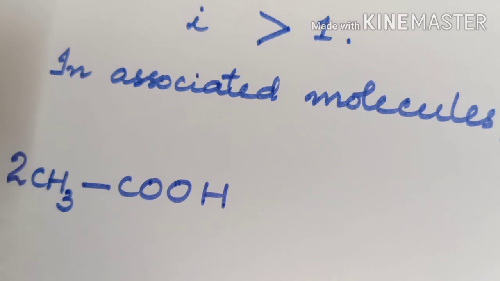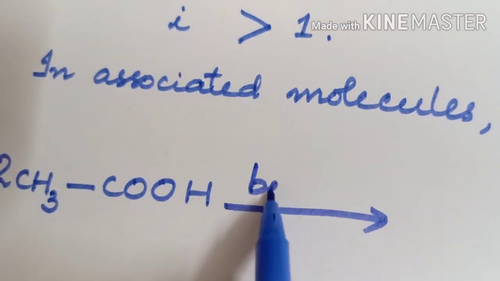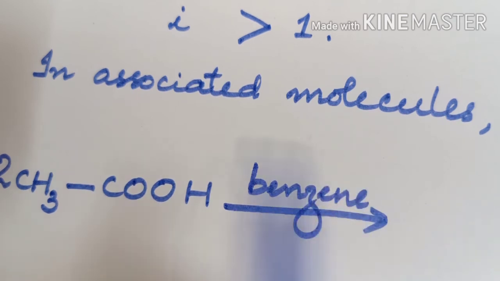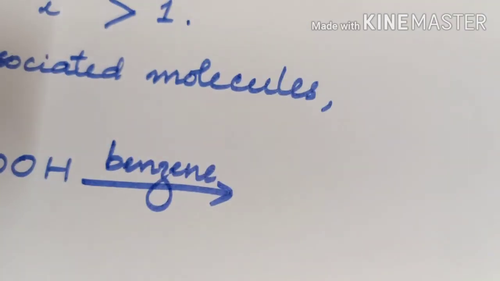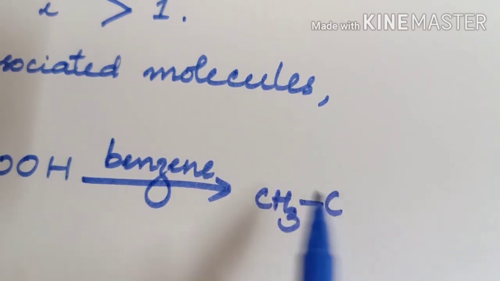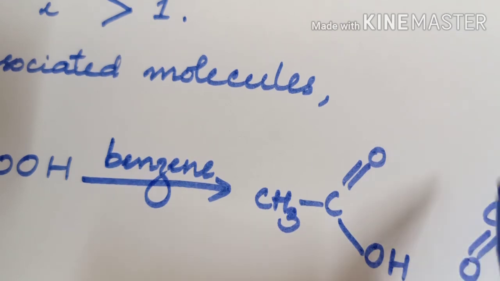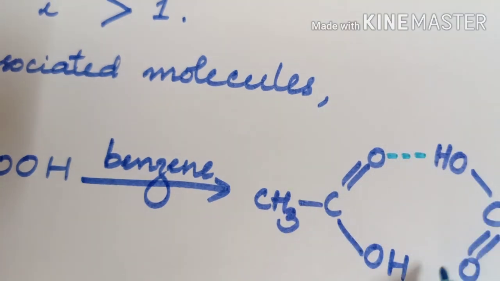Two molecules of acetic acid in the presence of benzene solvent undergo association, or dimerize, to form CH3C double bond O single bond OH, second one CH3C double bond O single bond OH. So it undergoes association to form the dimer of acetic acid.